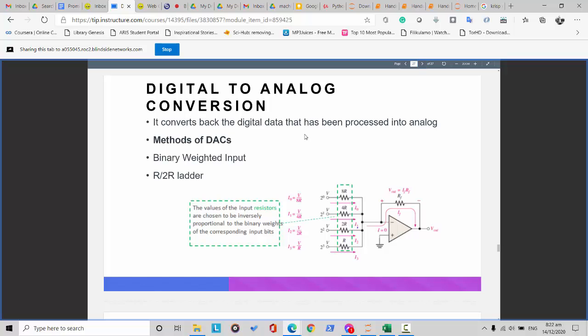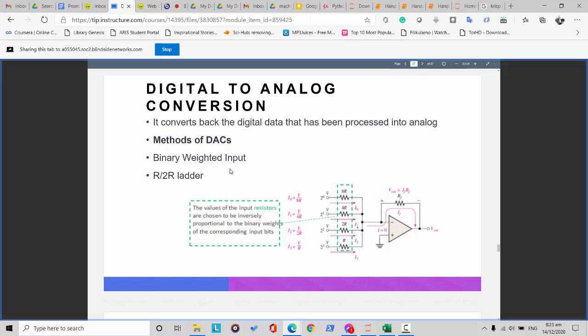Now, in terms of digital to analog conversion, this is actually the opposite. If we converted analog to digital, to be able to be understood, for example, if my voice is converted to digital, how do you hear it? In your microphone, in your headsets, or in your speakers, it is also converted back to analog.